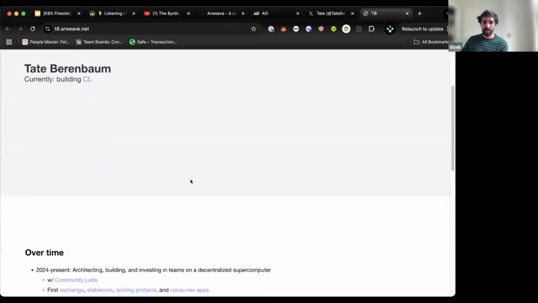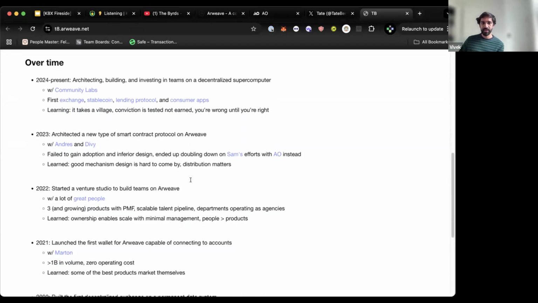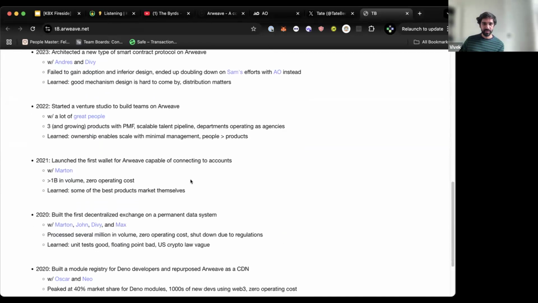He's building community labs right now, which invests in projects building on Arweave and AO, but Tate himself is also a builder and is involved at community labs in building the first exchange stablecoin lending protocol and helping build some of the consumer apps that are being built on AO, the decentralized supercomputer. And he spent many years doing great work in the Arweave ecosystem.